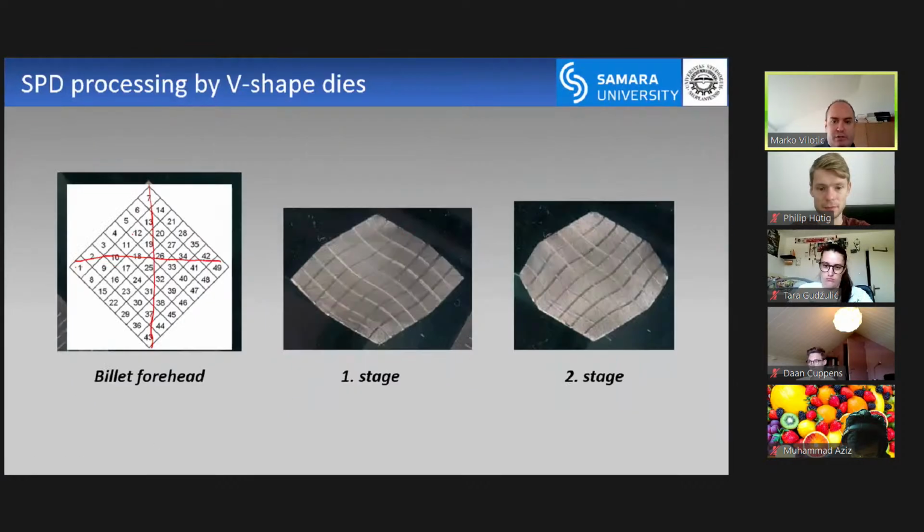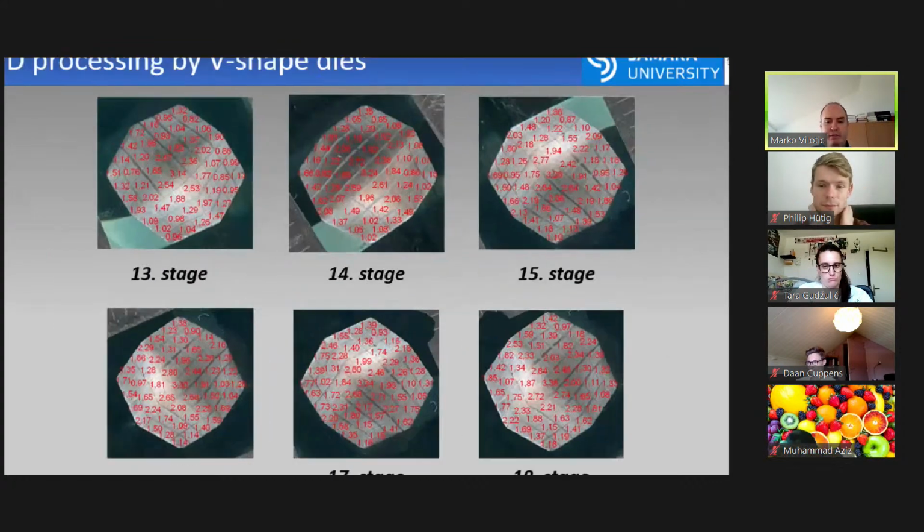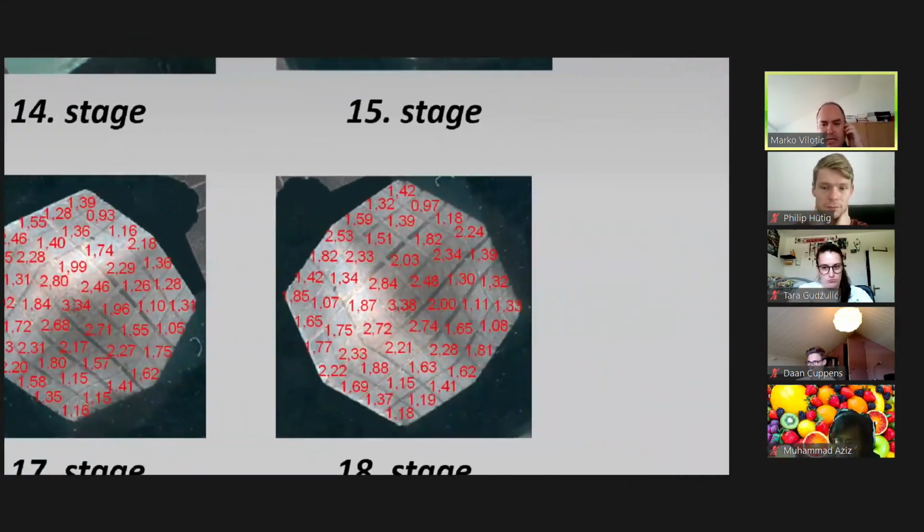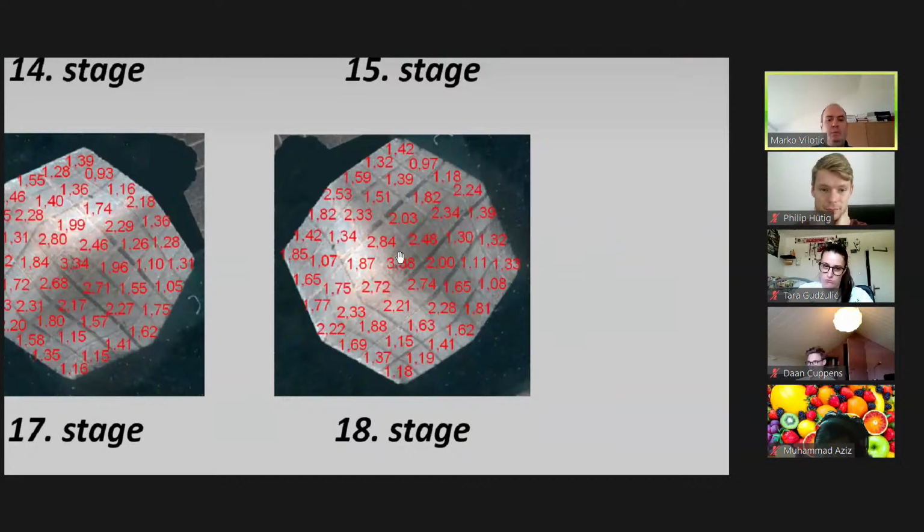However, it's very important to say that this is the value at the sample forehead. It's not the value at the very center of the sample. The values here are even higher. This is just because of the strain distribution. So after 18 stages, the strain at the sample forehead is, let's say, 3.38, and we get the lowest value around this area.